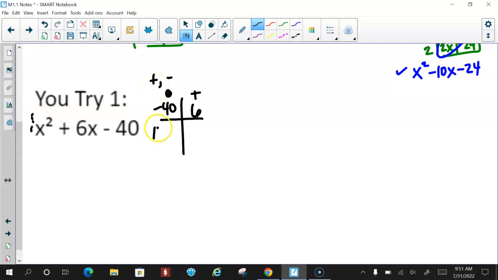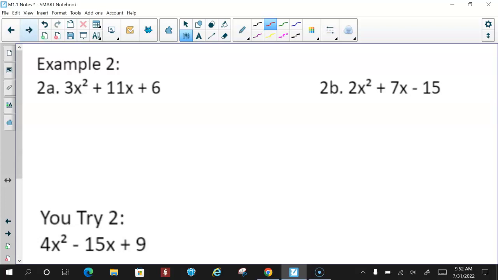So like, for example, I could say 10 and 4, right? But the larger needs to be positive, so I'm going to now make the negative 4 because you would get negative 40. And then actually, guys, if you notice, what is 10 plus that negative 4, or 10 minus 4? Your positive 6. So these were the two factors you should have gotten. So in this case, x plus 10 and x minus 4. That's what you should have gotten here.